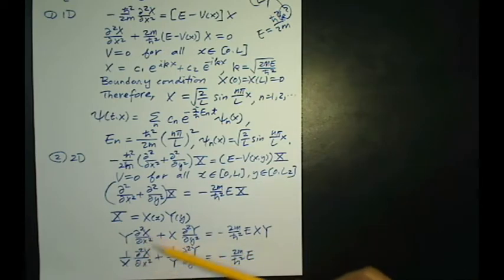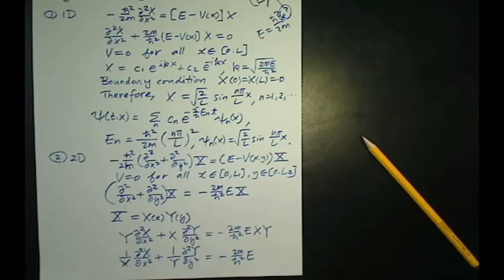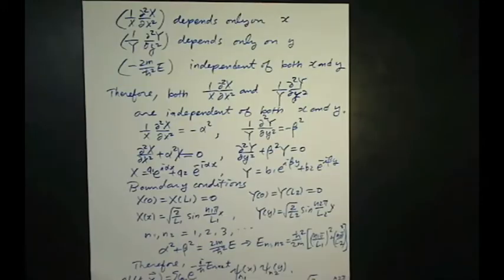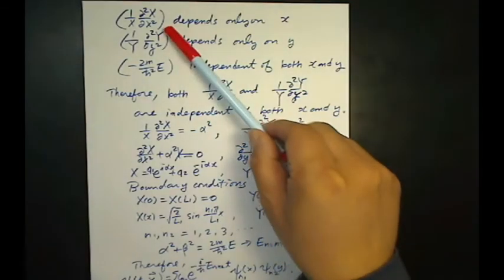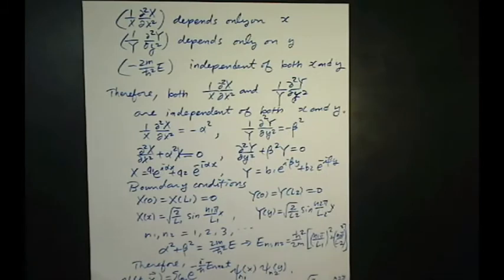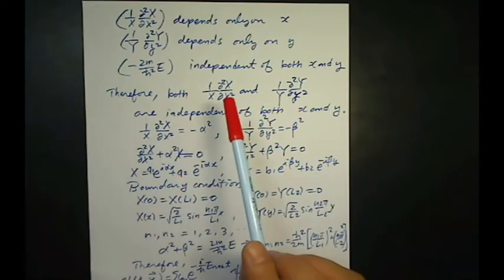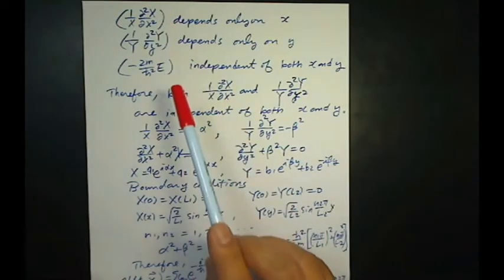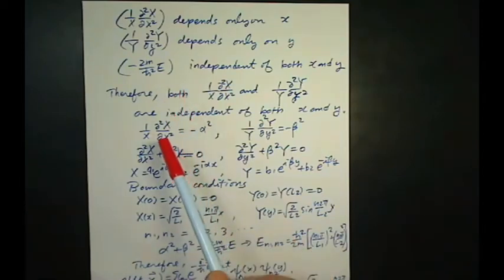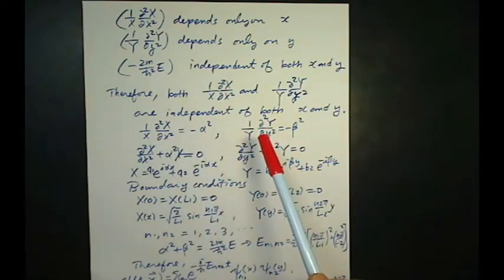That means that these are all constants. Therefore, this one depends on x only, this one depends on y only, and this one is a constant. And because the sum of these two is constant, they must be constant too.